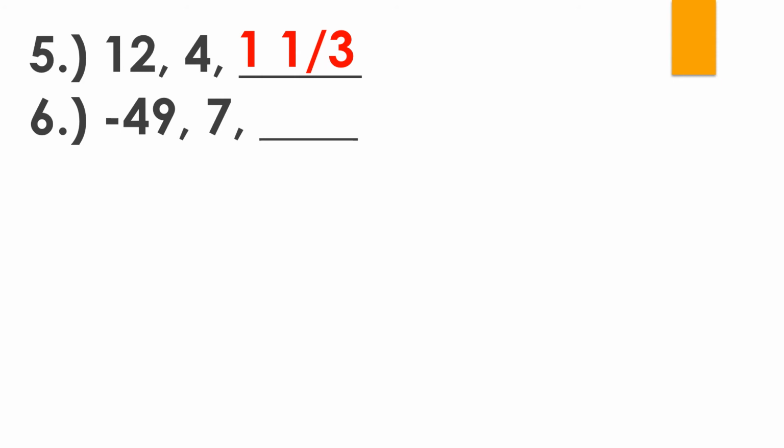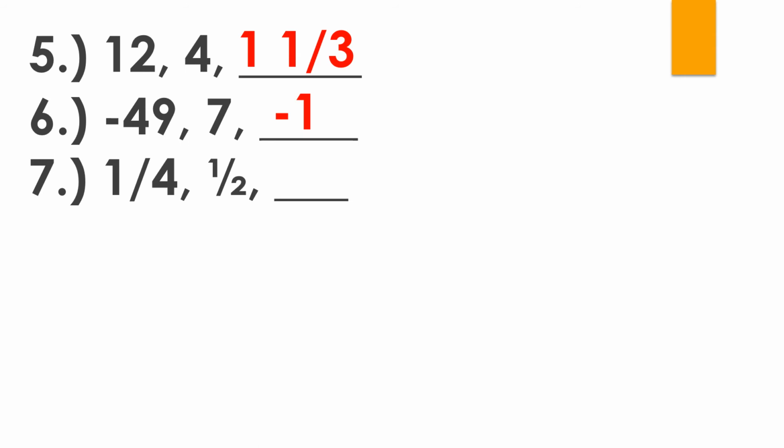So 7 times negative 1 over 7, that is negative 1. Next, 1/2 divided by 1/4. So the answer is 1/2 times 4 over 1, that is 2. So the next term will be 1/2 times 2, we have 1.